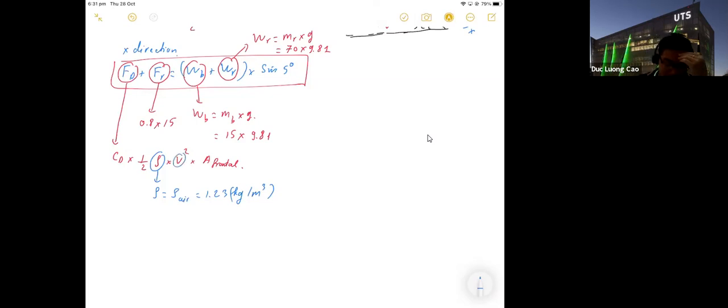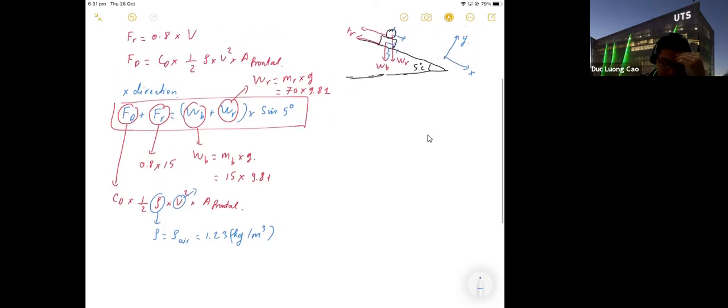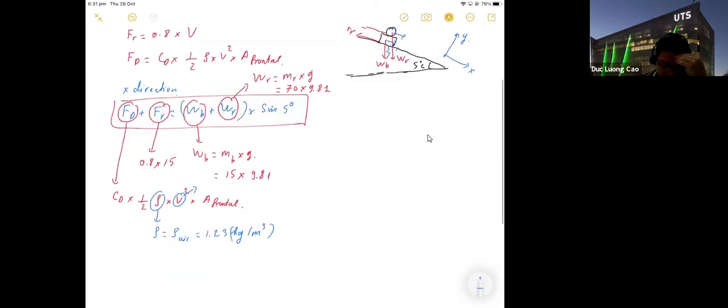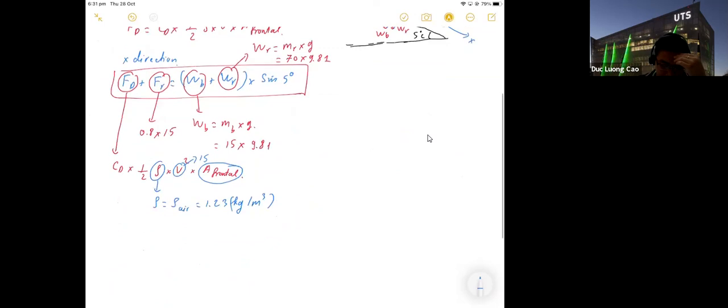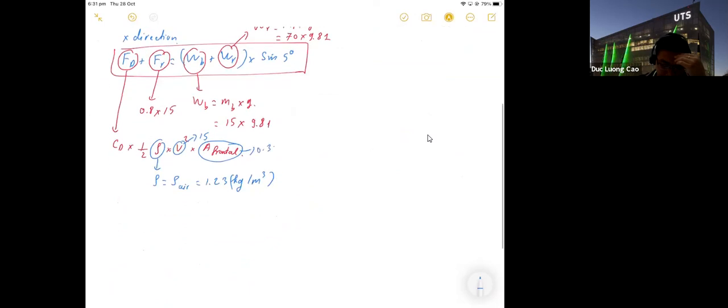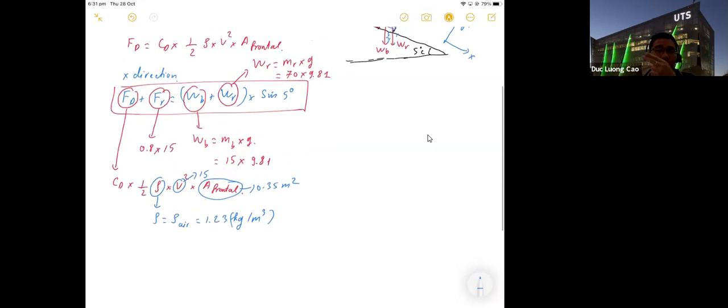V here is 15. Frontal area A is 0.35 meter squared. Okay, so in this equation, on the right hand side, you have everything: weight of bicycle, weight of rider. On the left hand side, you have the resistance force FR.